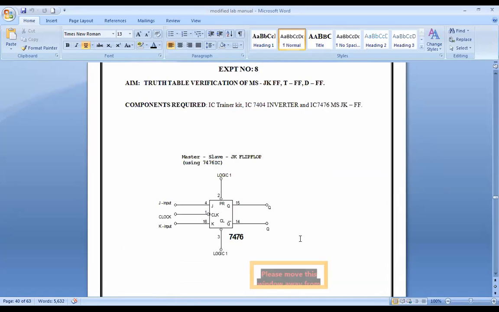Is it something new? What's a flip-flop? Bhumika, what is meant by flip-flop? Supreet?